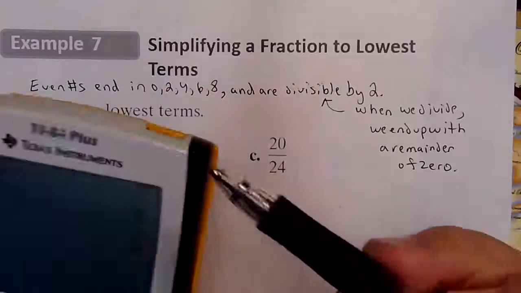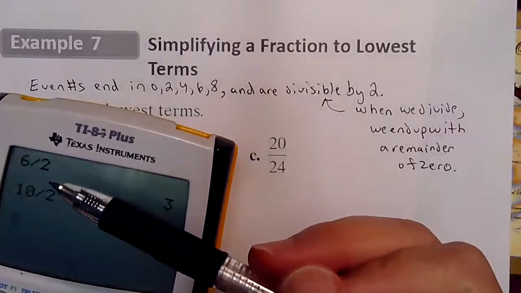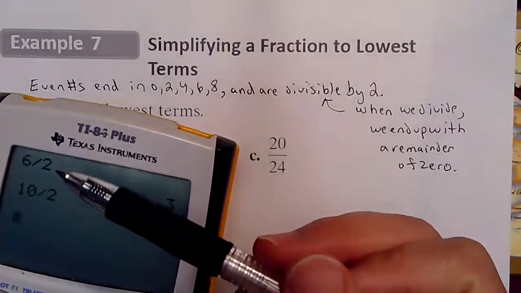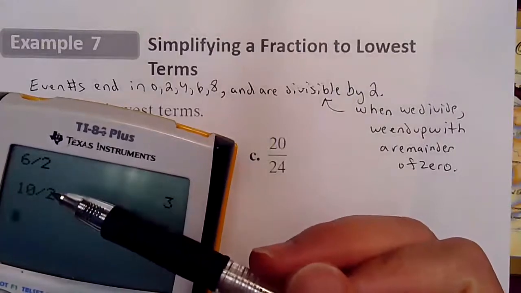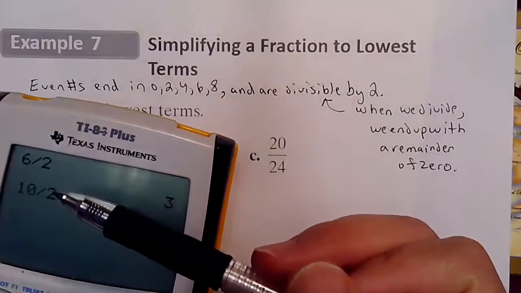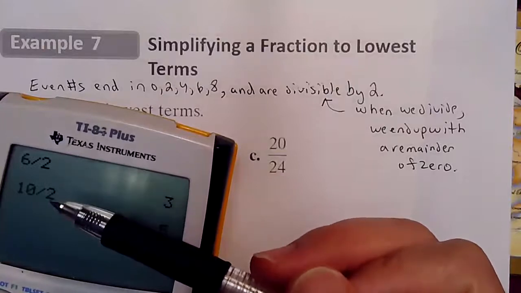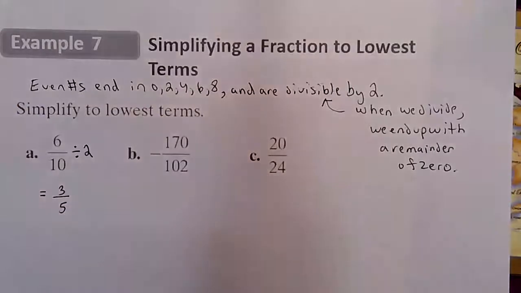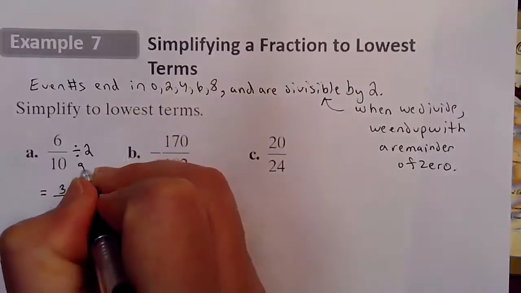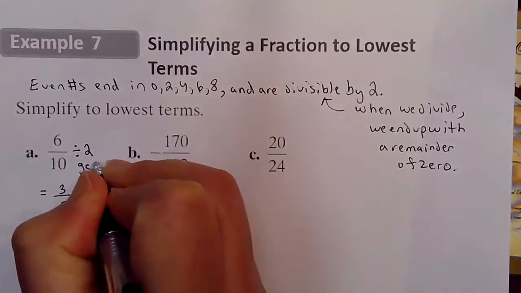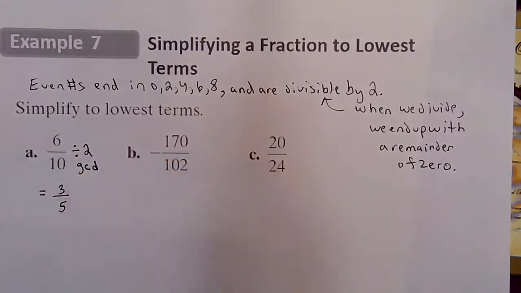Okay, so notice that when you're reducing a fraction and you're trying to find a greatest common factor, and I hope I didn't say common denominator by mistake earlier. It's the greatest common factor.